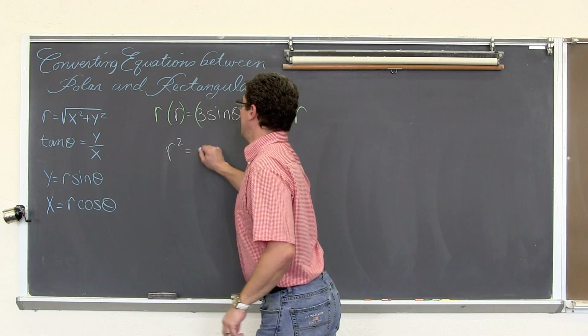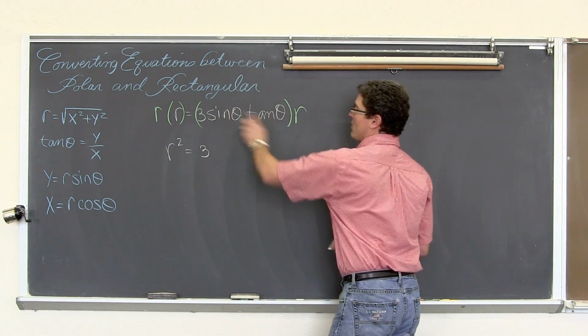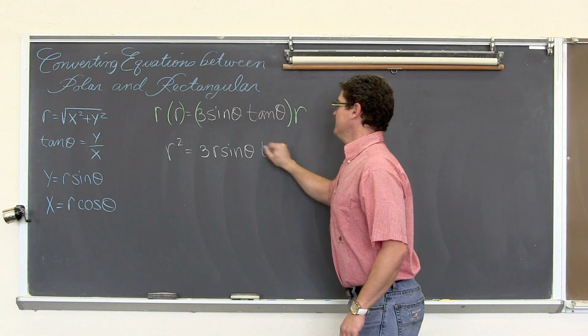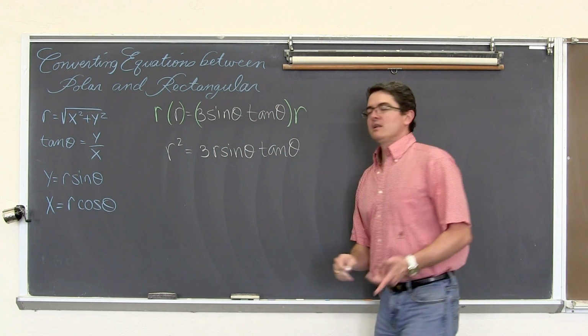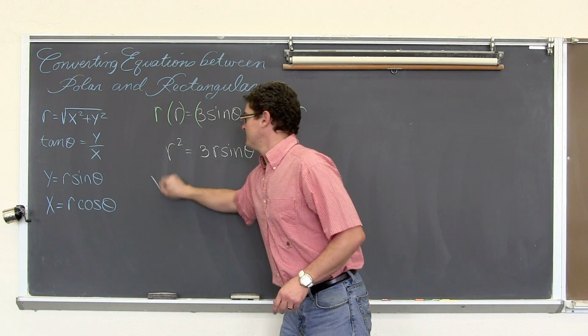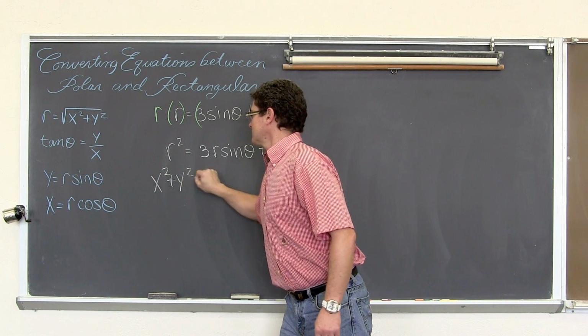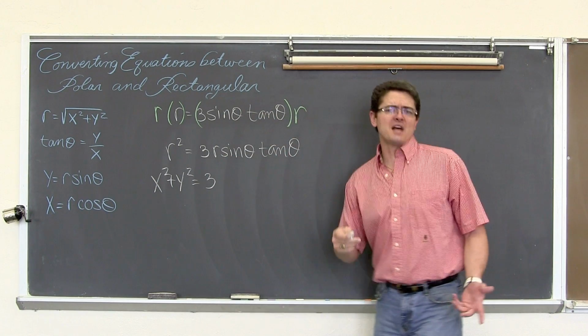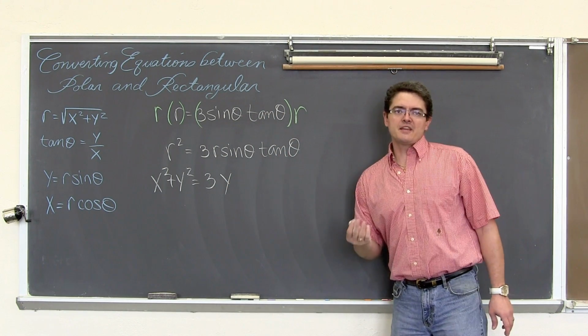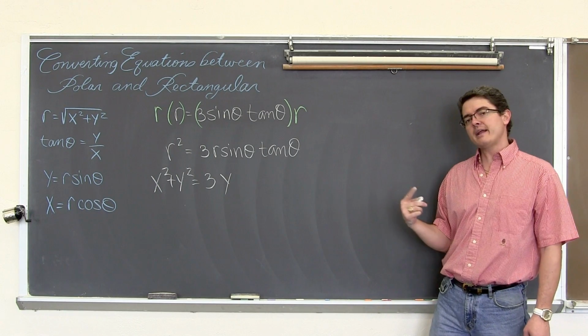This is going to be equal to 3, and I'm going to pair up the r with sine, tangent theta. And look, r squared is x squared plus y squared. r sine theta is y. Now, tangent of theta. I've got to get theta out.